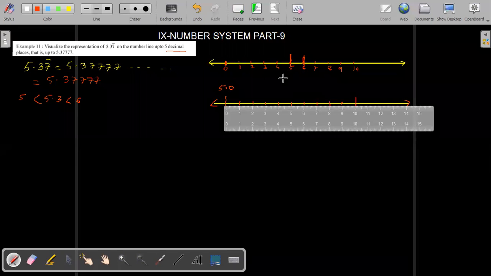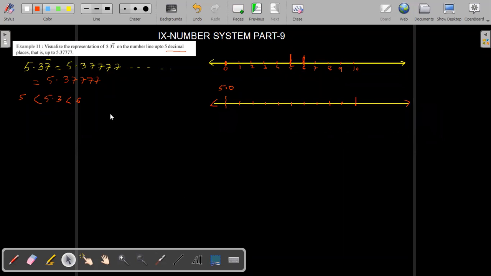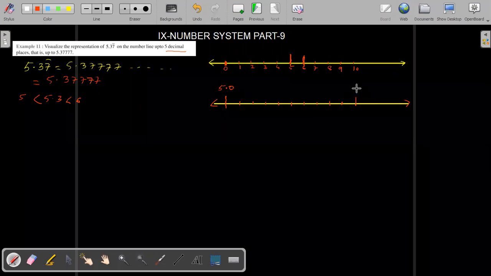Now see this very important point that you have to remember here. This 5 will be joined with this 5, because this is 5 and this is your 6, 6.0. Between 5 and 6, I have zoomed this part. When you zoom between 5 and 6, you will see it like this.